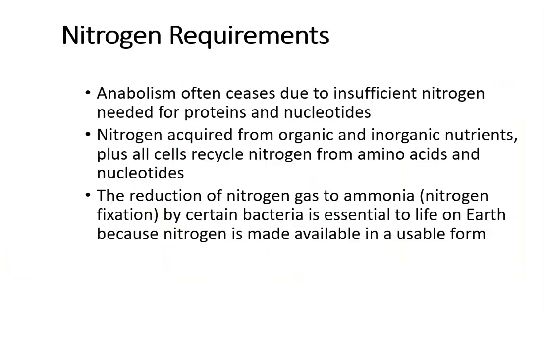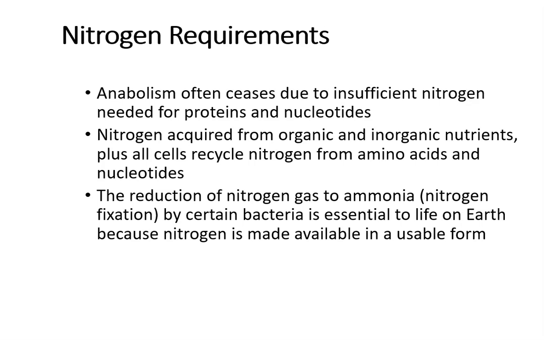All right. Nitrogen. We have to have nitrogen in order to make proteins and nucleotides. Nitrogen is acquired by breaking our nutrients up, and we recycle those nutrients into amino acids and nucleotides.